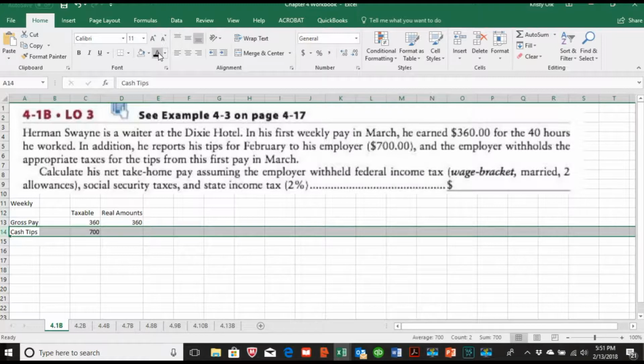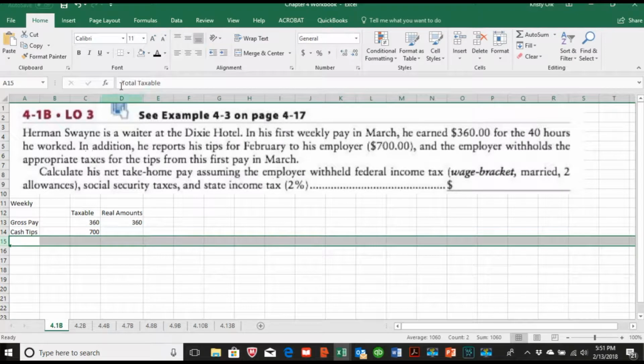Now remember, these have to be reported by the 10th of the following month, if not more frequently. So there's an additional $700 he has already received that needs to be taxed in this particular period. This gives us a full taxable wages and compensation of $1,060.